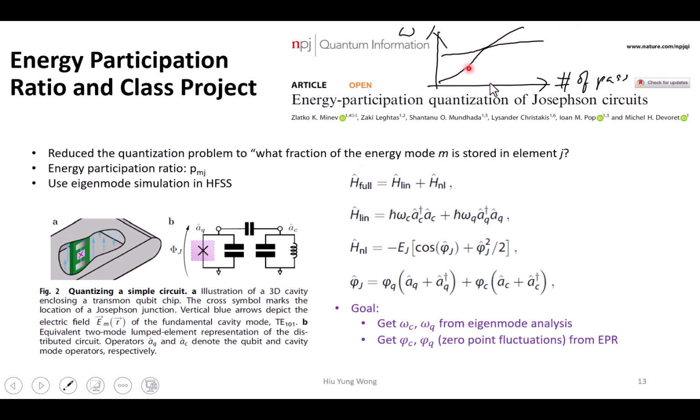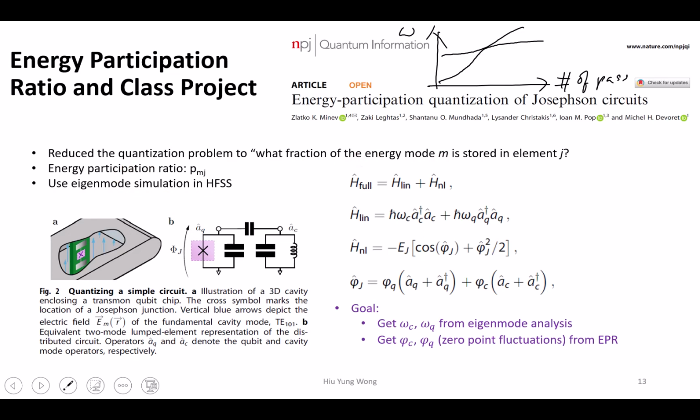And you look at the plot, you thought that this mode is still the cavity mode. Okay? So the cavity itself has a resonance frequency. The transmon itself has a resonance frequency because it has an LC circuit.